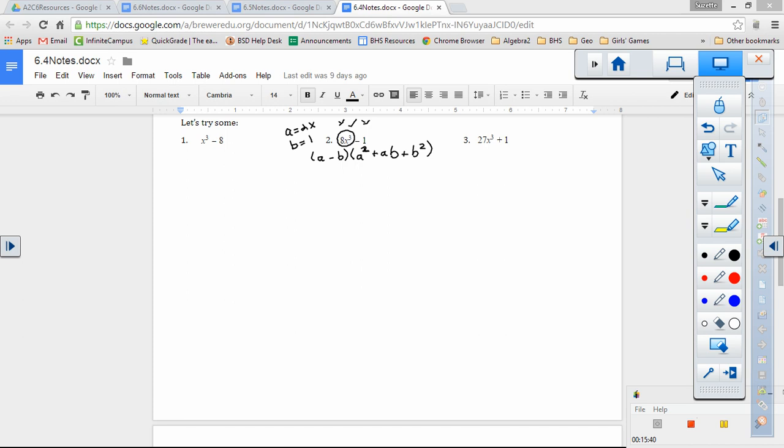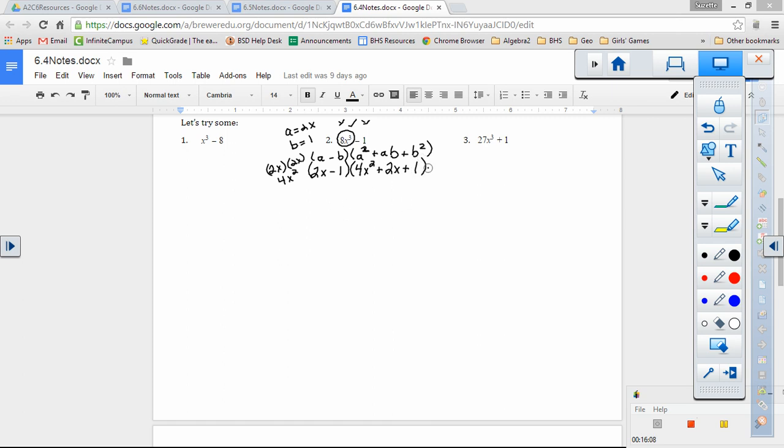So there are my two values, 2x minus 1. Now I have to square a, so that means, don't forget, it means 2x times 2x. And that gives me a 4x squared, so that goes here. 4x squared plus, then I have 2x times 1, so 2x plus 1 squared, or 1.